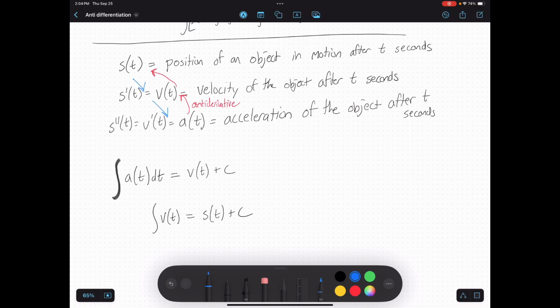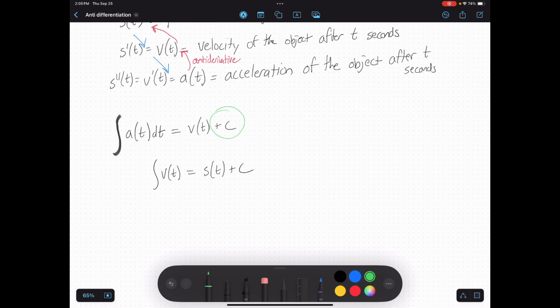Now this seems pretty silly, that I can just put whatever plus c I want, whatever constant I want, and it still counts when we're working with an actual context. The reason this maybe doesn't make sense is because a lot of times with an actual situation, we're given various data points. So it actually is possible in certain situations, and we'll look at an example like this in the homework, to solve for what that arbitrary constant is.